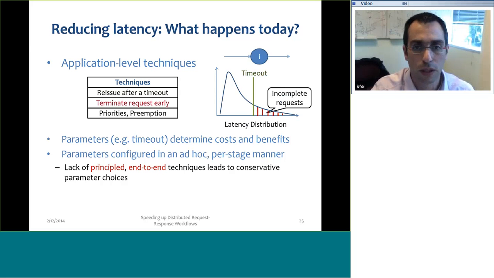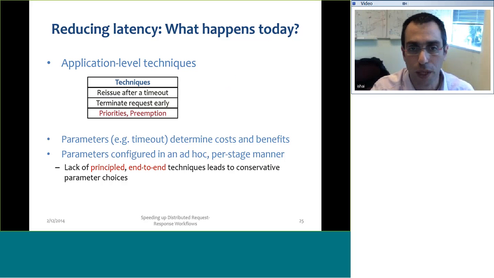What we were surprised to see is that in the actual system, when we started working on this, these different stages could correspond, for example, to different teams. Different software engineering groups work on different stages of this workflow. And the timeout policy is local. Each team decides its own policy.